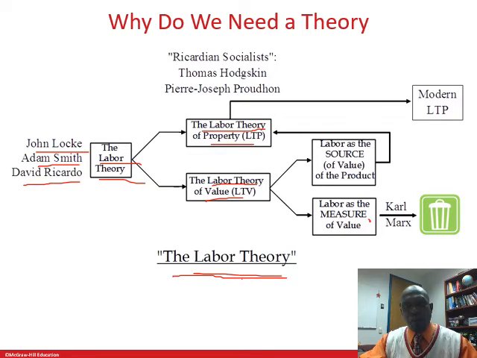The labor theory of value is divided into labor as the measure of value, which was developed by Karl Marx in his book The Capital. The second one is labor as the source of value of the product.